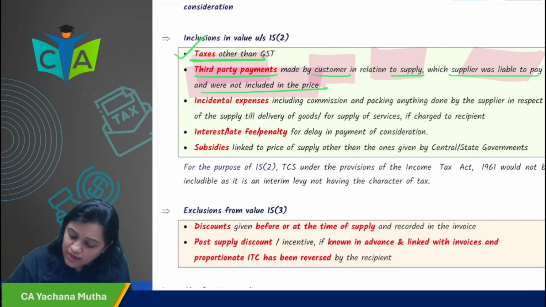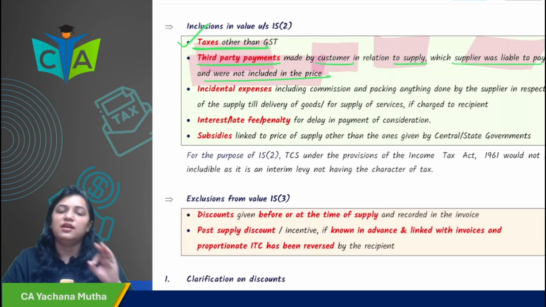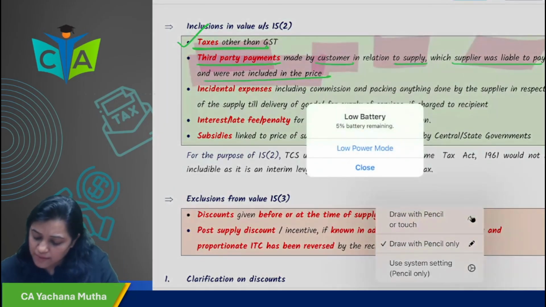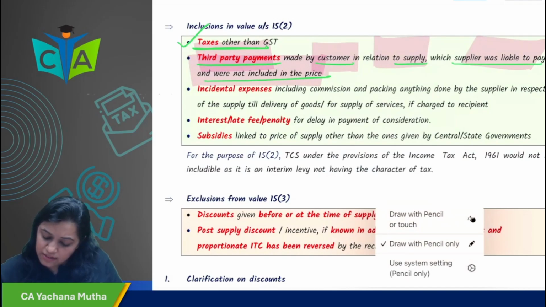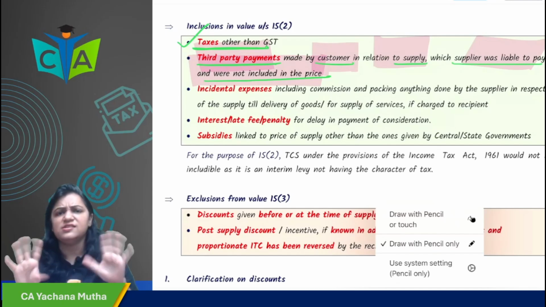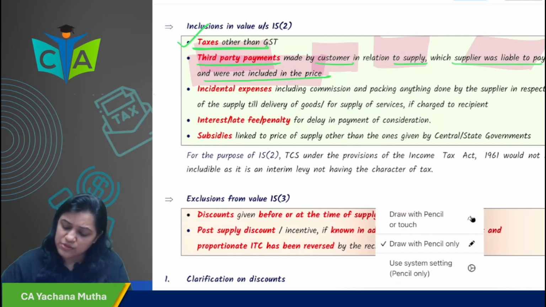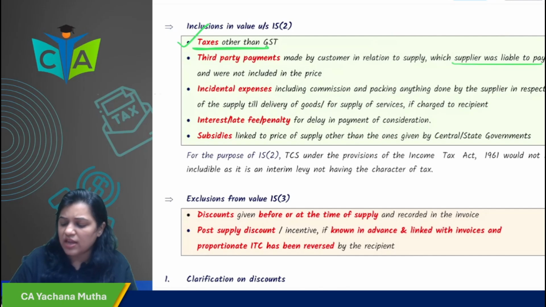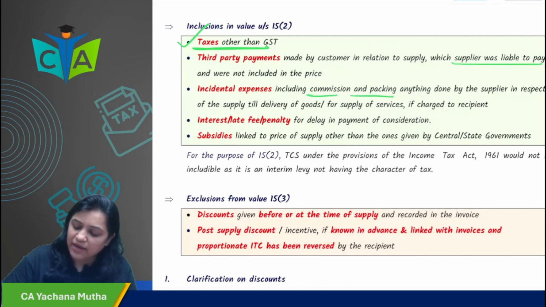Then incidental expenses. Incidental expenses including commission, packaging, or anything done by the supplier in respect of supply till the delivery of the goods, or for supply of service, if charged to the recipient. So what is this third one? Incidental expenses. Commission and packaging are just examples. In the exam, if they are giving any incidental expenses, you have to add them.